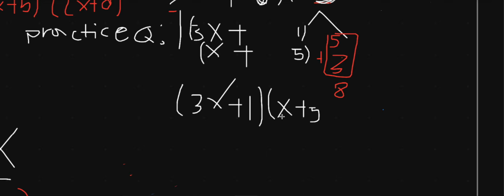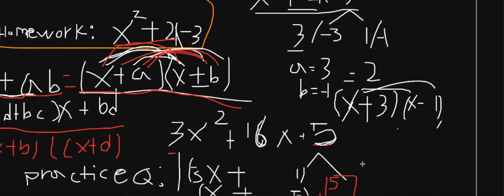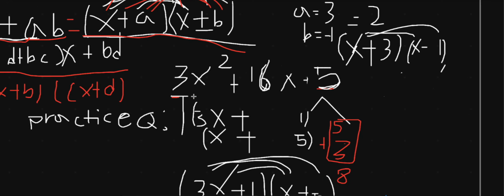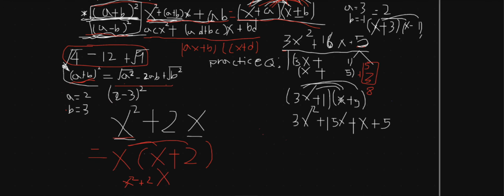So if we distribute this, then we get 3x squared, 15x plus 15x, right? And then plus 1x, or plus x, and plus 5. So if we add that, then you get the same value as this. So yeah, this is how you do the basic factoring.